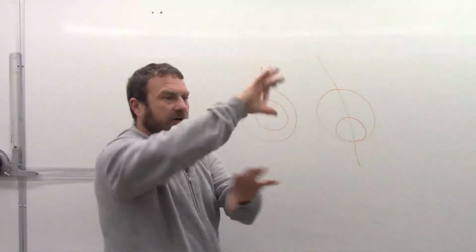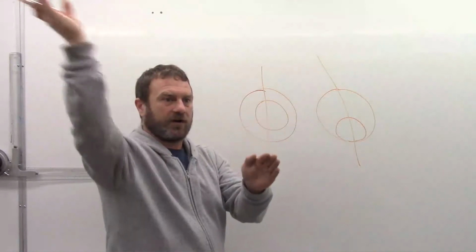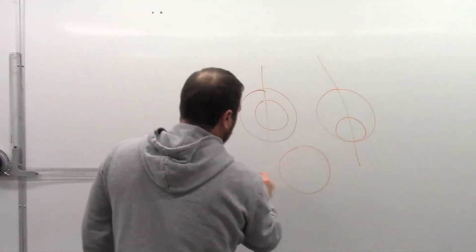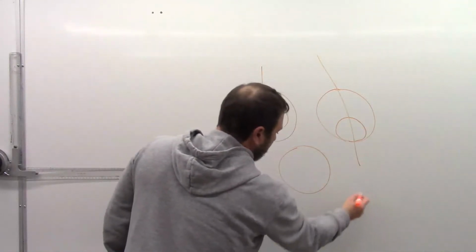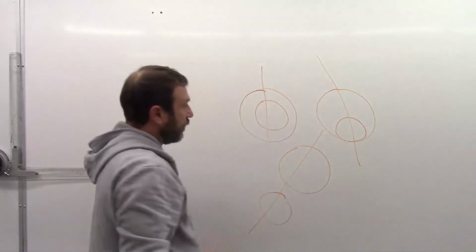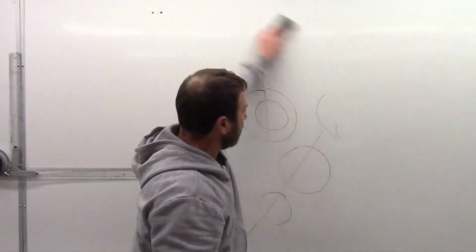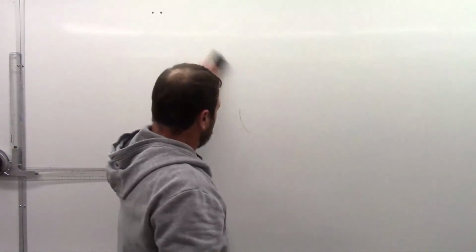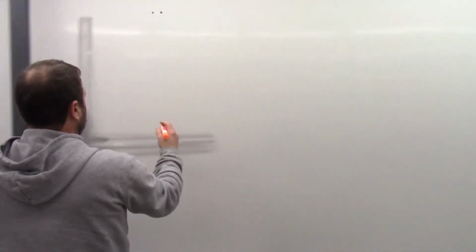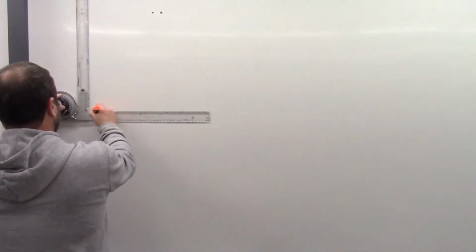No matter how you orientate them, you'll always have a line going through both of them. Okay, so we can have one here and one anywhere we choose to put it. We will always find one line of symmetry. So that means we always can get away with just drawing a half plan view. Okay, so let's give an XY axis here to start.